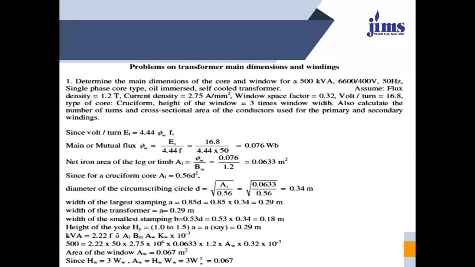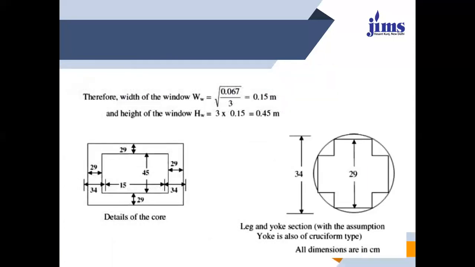Whenever you place the kVA value for the single phase, we get the value of the unknown parameter, which is Aw. Since Hw equals 3 times Ww, we can calculate it, and it comes out as 3 Ww squared equal to 0.067. Therefore, the width of the window Ww equals the root of 0.067 by 3.